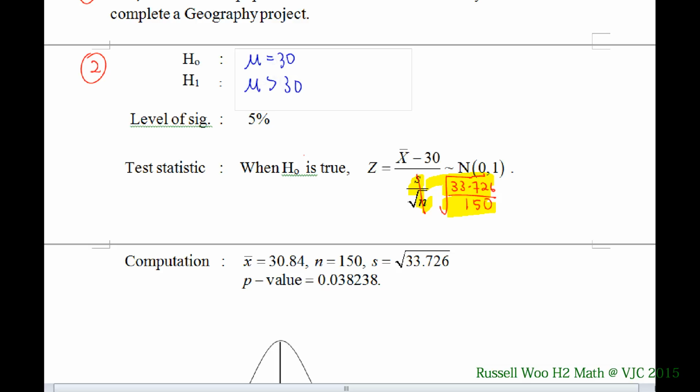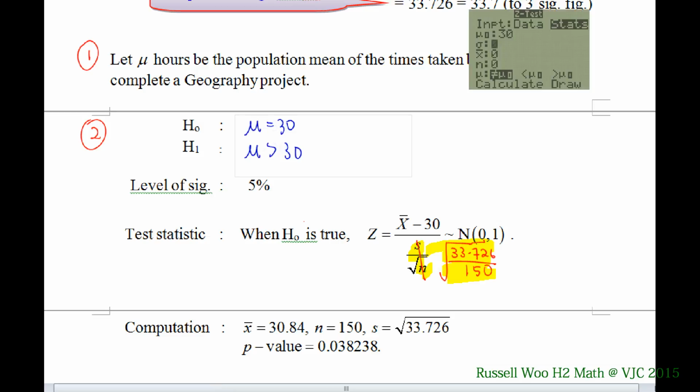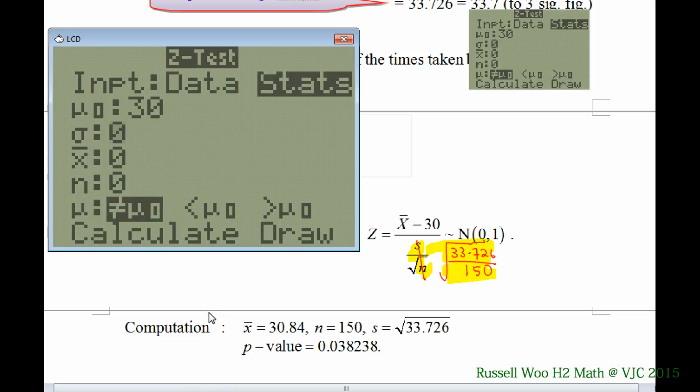This sigma, you are just going to tell the GC what is the population standard deviation. Because you're going to enter your n, the GC can help you calculate what is the standard deviation of x bar. So let the GC do the hard work. This is population standard deviation.